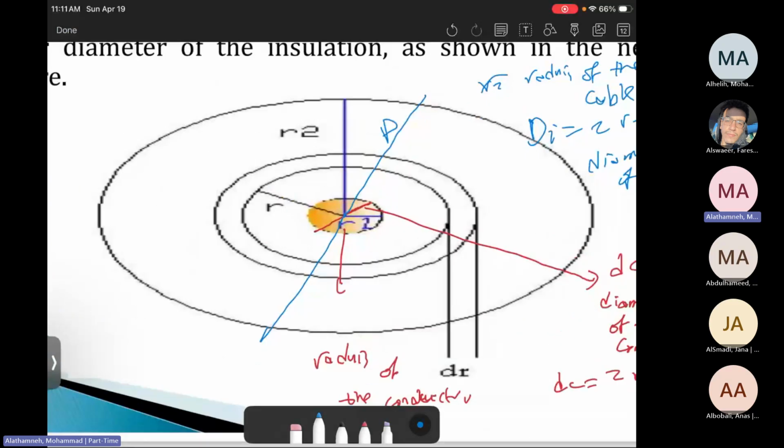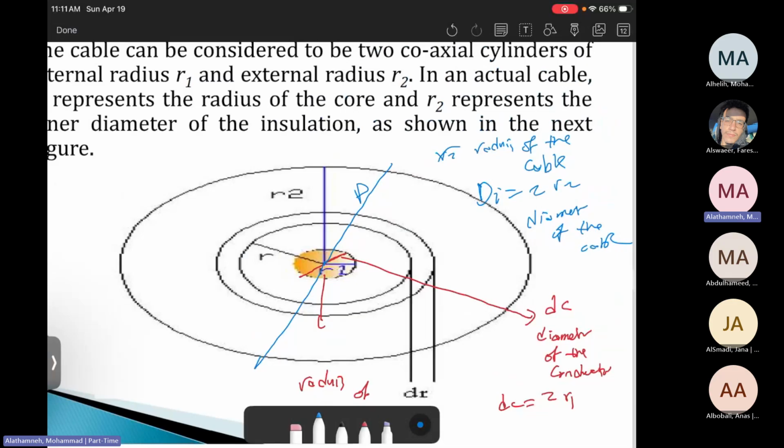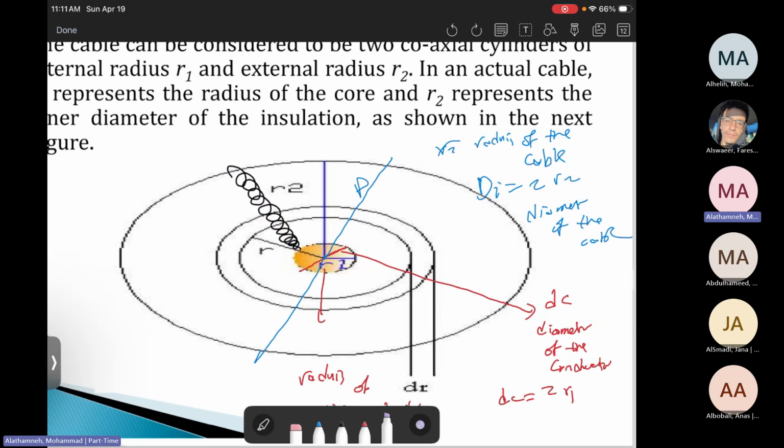Let me go back to this picture. We need to calculate the voltage across this area by taking the whole circle around.